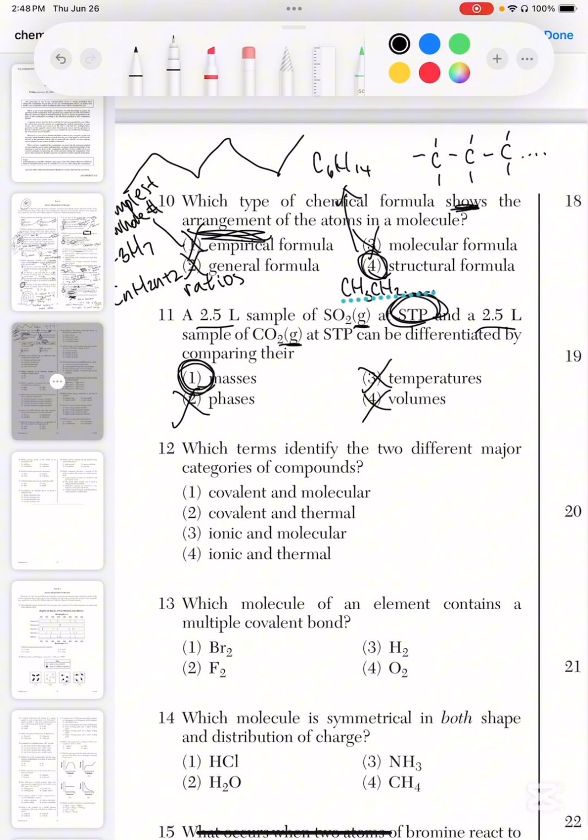The only one that makes sense would be masses. If you wanted to determine the mass, you would do it stoichiometrically: 2.5 liters over 22.4 liters per mole of gas gives moles of gas, and then moles to mass, you just multiply by the gram formula mass.